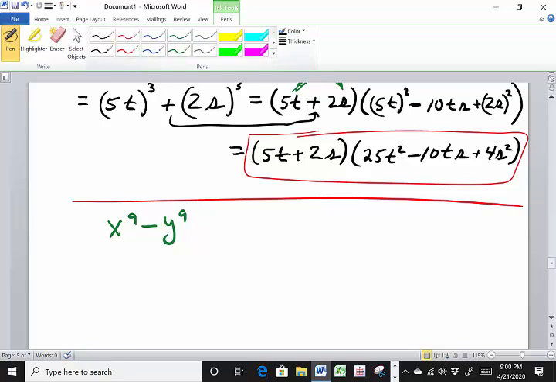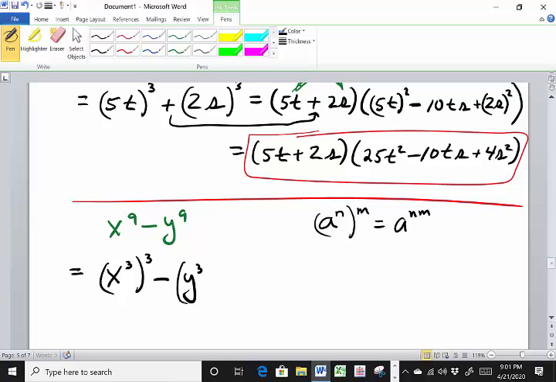You have to go back to this exponent law that a to the n raised to the m is a to the nm. So the question is, how do I make this into the difference of two cubes? So we have to do a little manipulation. Well, I know that 3 times 3 is 9, so this is going to be x cubed raised to the 3rd power. Subtract y cubed, and then that's going to be raised to the 3rd power. So we actually see it is the difference of two cubes. So what does this factor to?